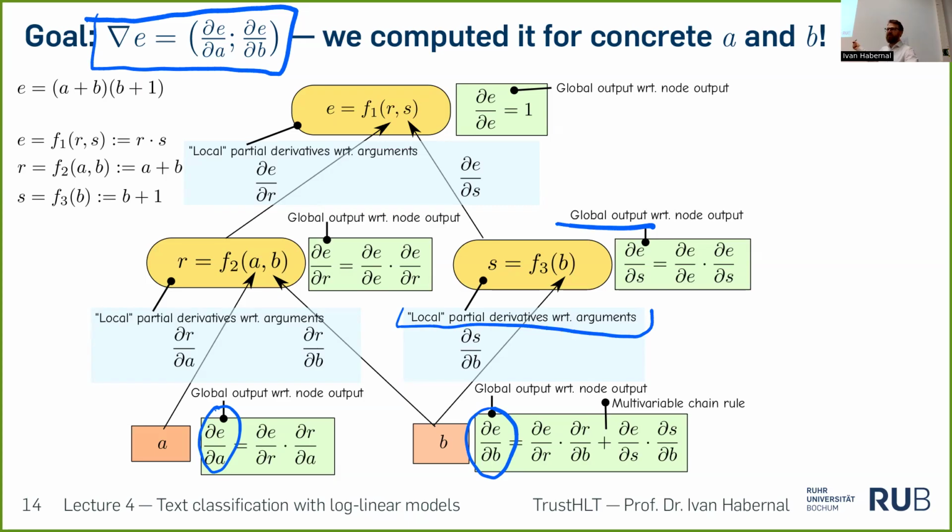Do you see why this is interesting? You don't have to do anything by hand on huge functions. You just need to know how to compute derivatives or partial derivatives of small functions, like product, sum, logarithm, sigmoid. These are simple, and you just put them together and use the chain rule wisely.